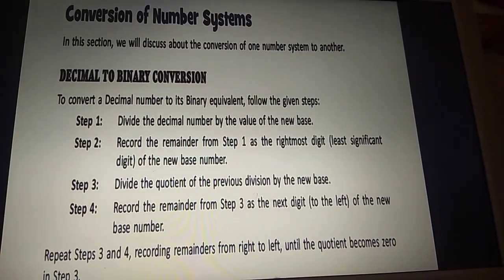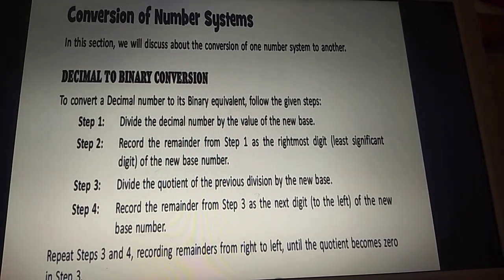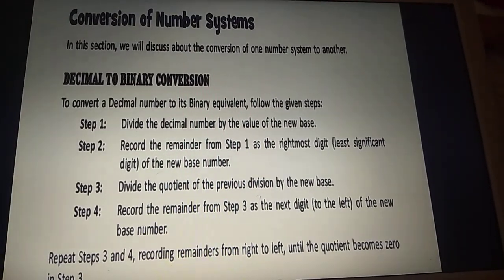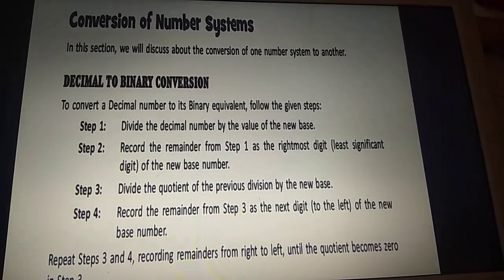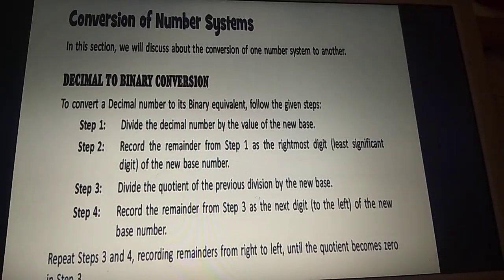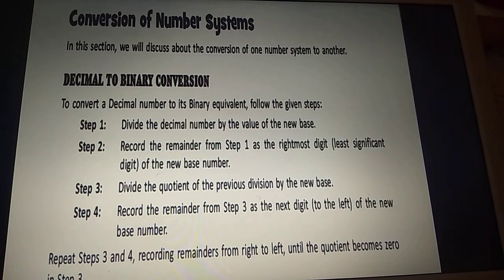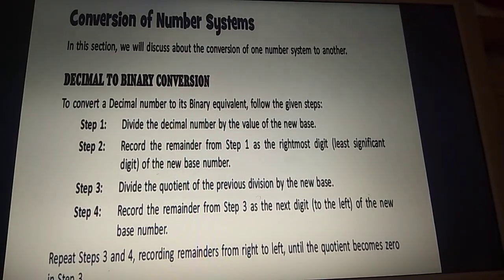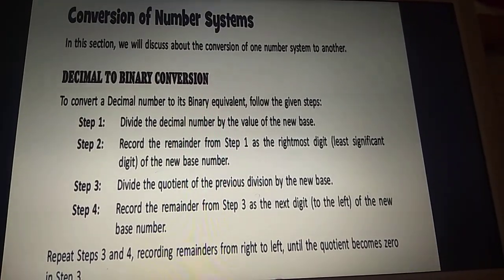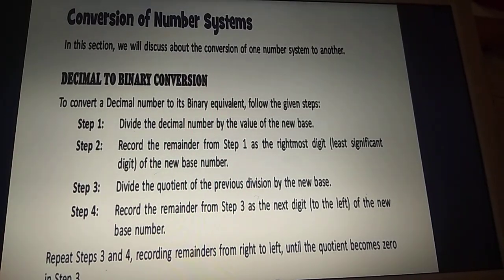First of all, I will take you through converting the decimal number system into the binary number system. Every conversion follows certain rules. To convert one number system into another, follow these rules.